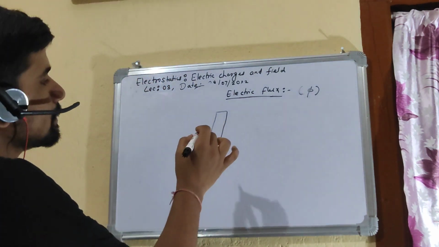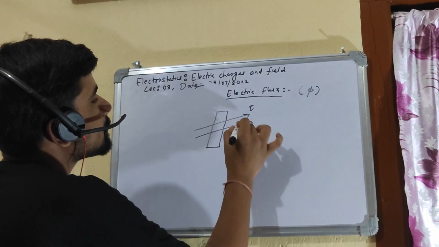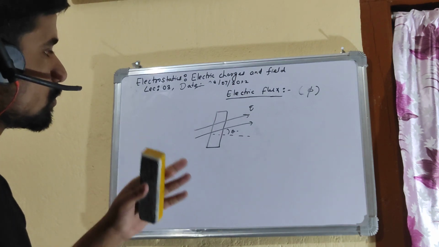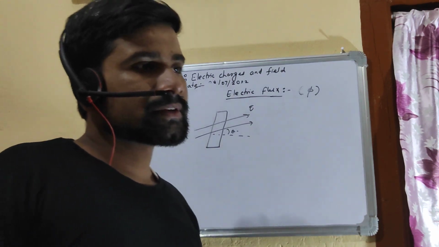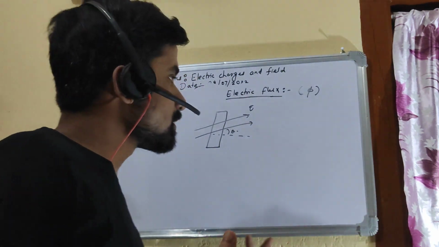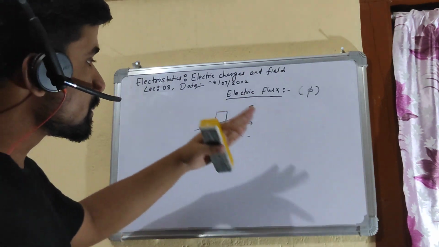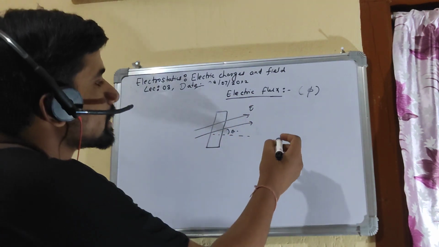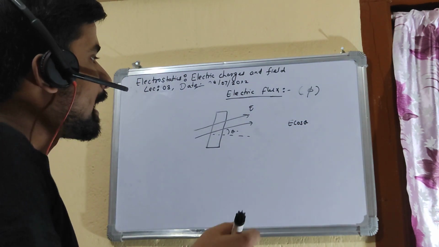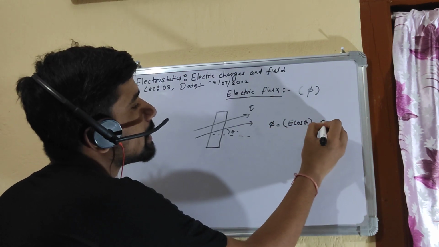Let's say now the field lines are passing at some angle, theta. The component of the field which is actually of interest, entering this area, is the component normal to the area, which is E cos theta. And obviously the net flux here will be E cos theta into the area, which is S, right?